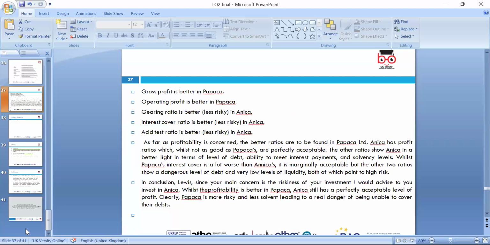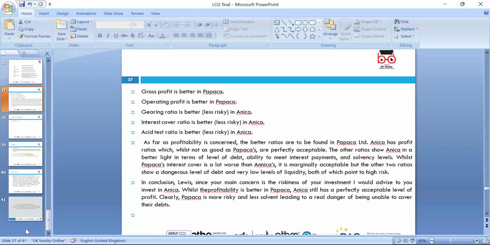Using the information which we calculated from the two companies' ratios, we decide and make a recommendation. Anika is better than Paprika. Even though Paprika's profitability is higher, the risk factor is too much, so we do not suggest investing in Paprika.